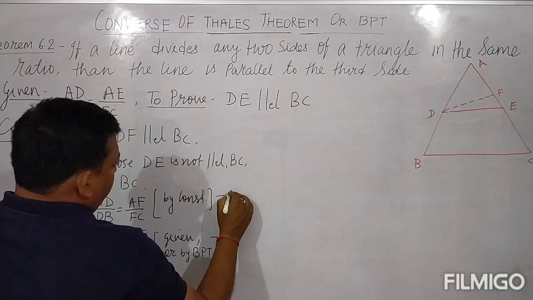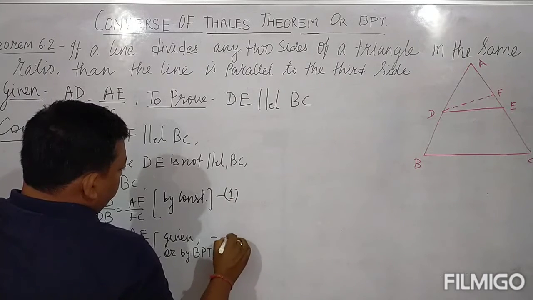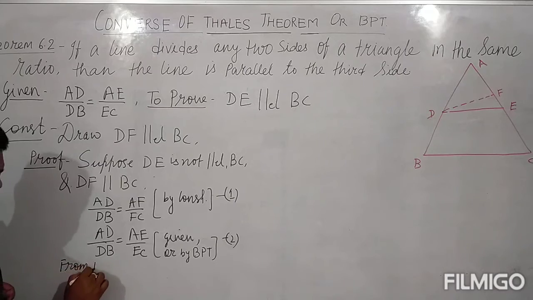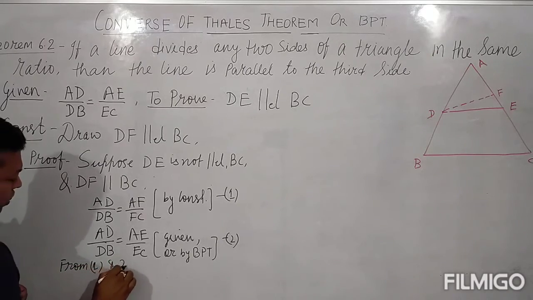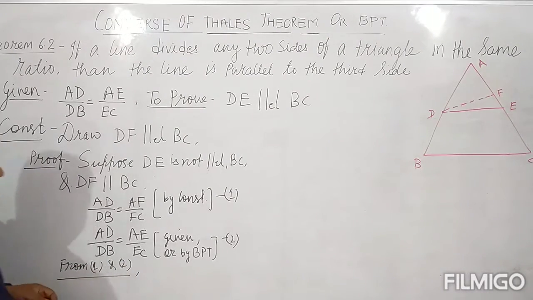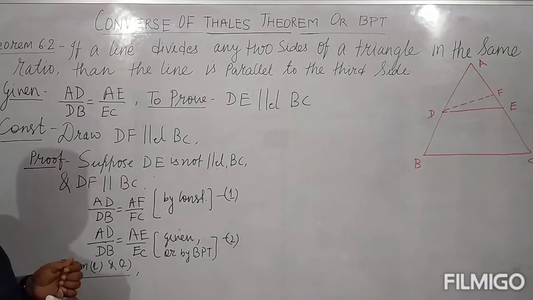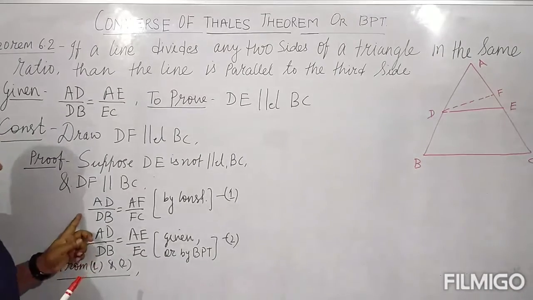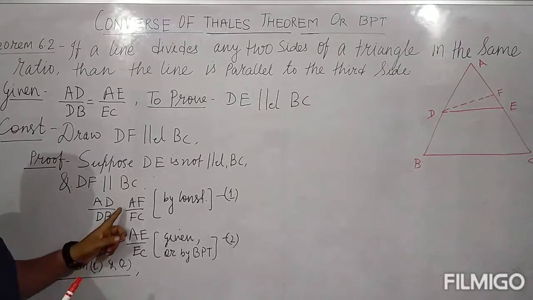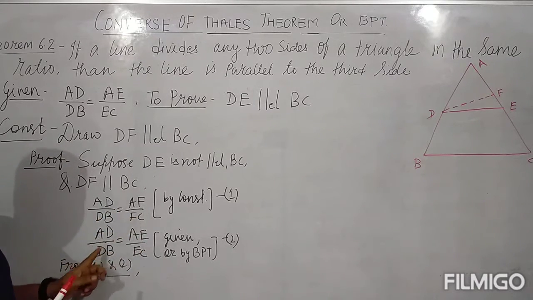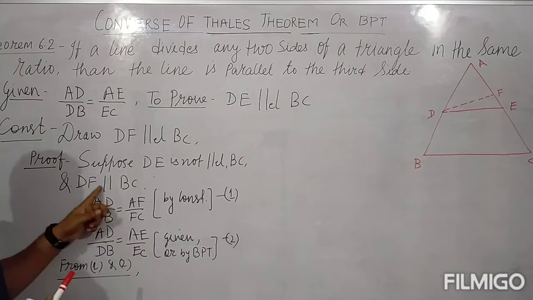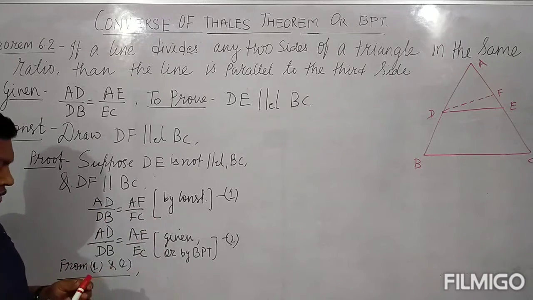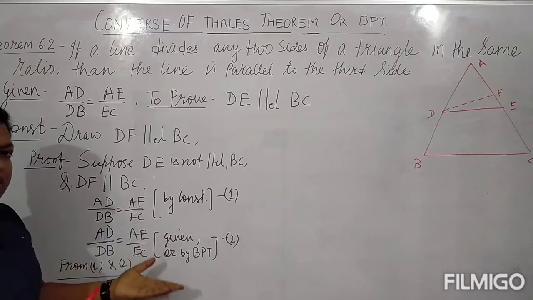So if this is relation 1 and this is 2, from 1 and 2, what we will get here, we are seeing that left hand side of both the equations are equal. AD by DB equals to AF by FC, AD by DB equals to AE by EC. If left hand side is equal, right hand side also must be equal.